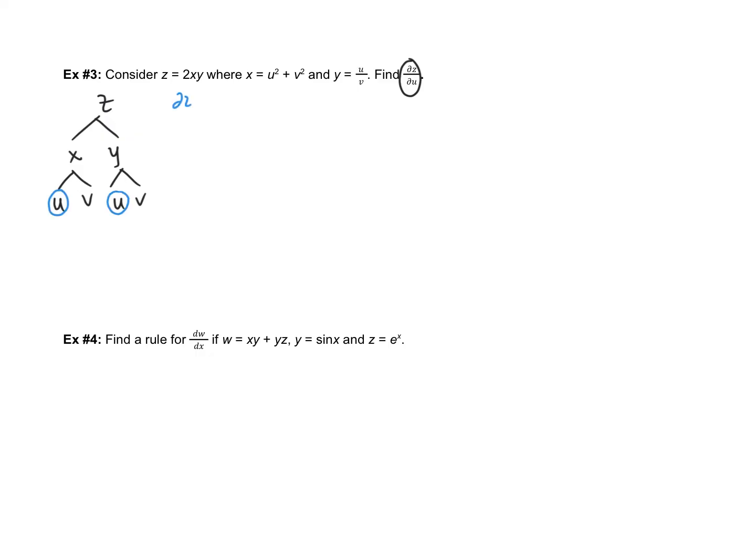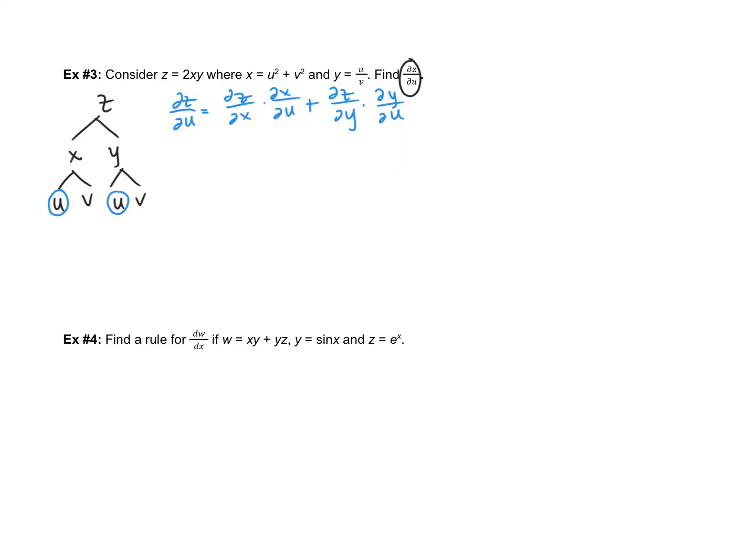So the partial of z with respect to u is going to be the partial of z with respect to x, and then the partial of x with respect to u. Then I have the partial of z with respect to y, and the partial of y with respect to u. So that's what we did on the previous example.